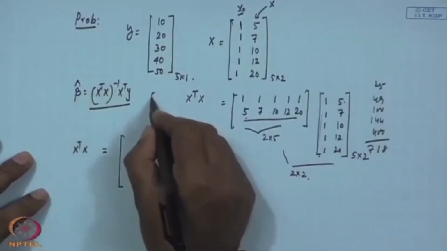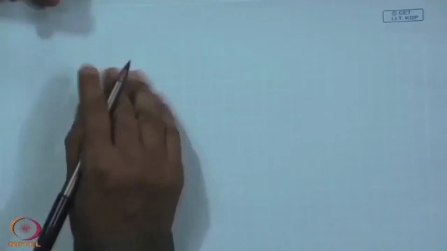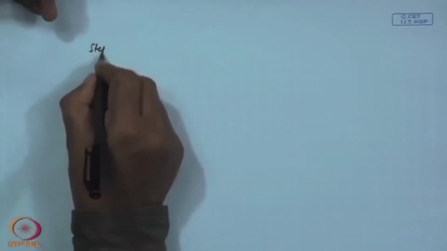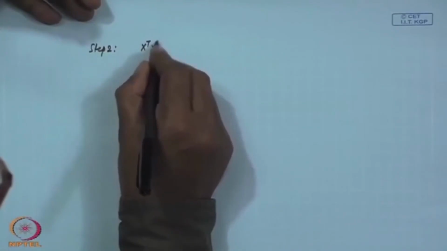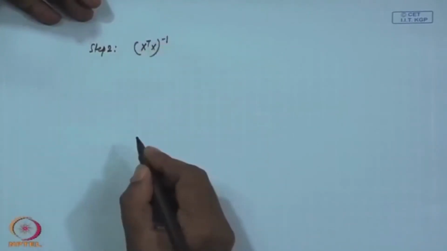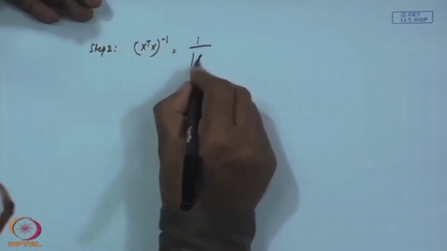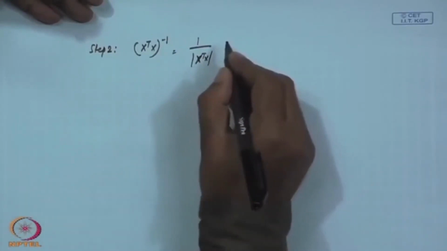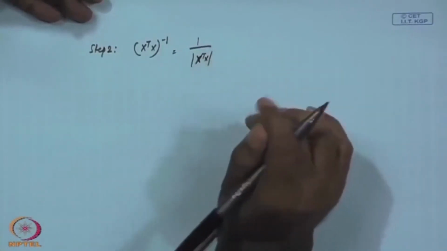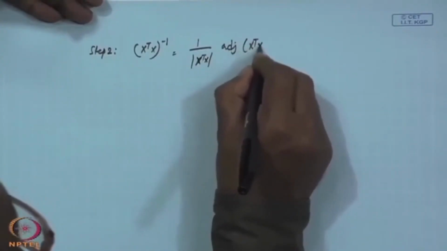So, I say this is my step 1. Now, step 2, I want x transpose x inverse. So, this is 1 by the determinant of x transpose x times the adjoint of x transpose x.